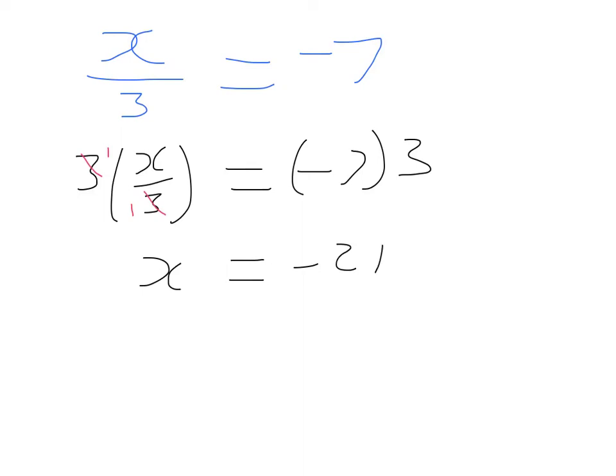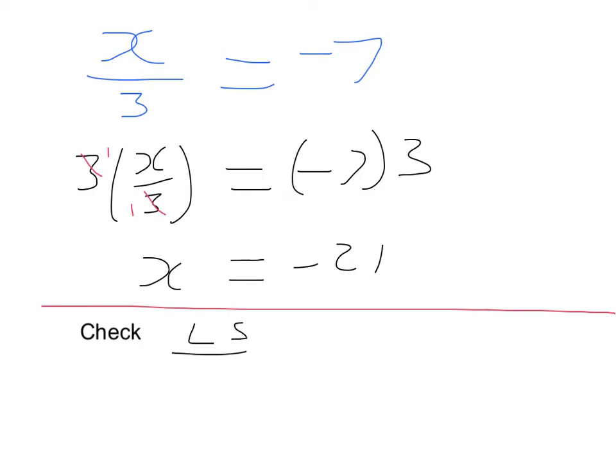One of the other concepts that we can introduce here is to check our work. What we generally do is put our answer for x, in this case negative 21, back into our original equation. So on the left side, we have negative 21 divided by 3.